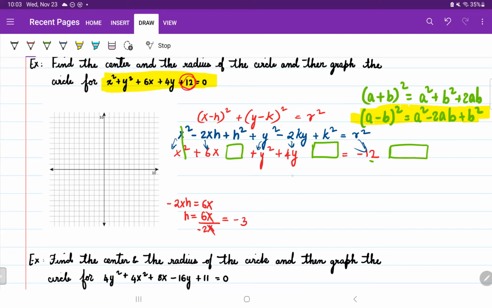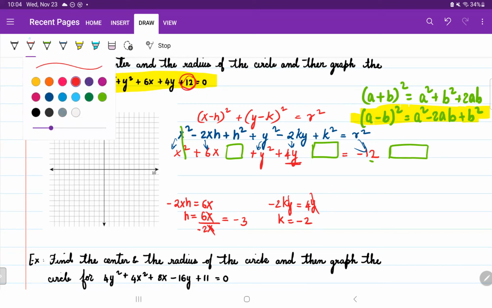Similarly, we do the same thing for our k here. We have minus 2ky as 4y. So you cancel the y's, then you have k equals 4 divided by minus 2, which is minus 2. So h is minus 3 and k is minus 2.